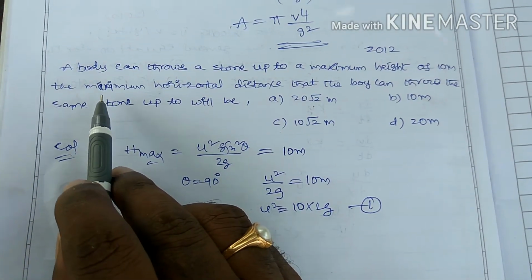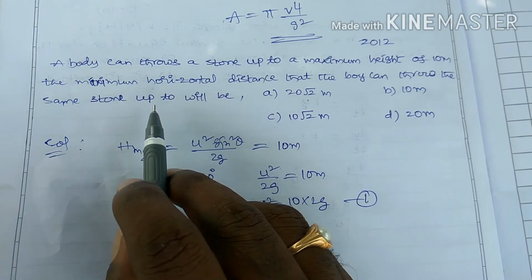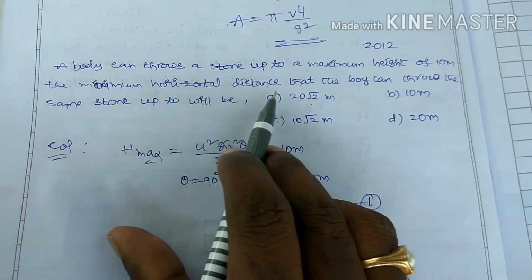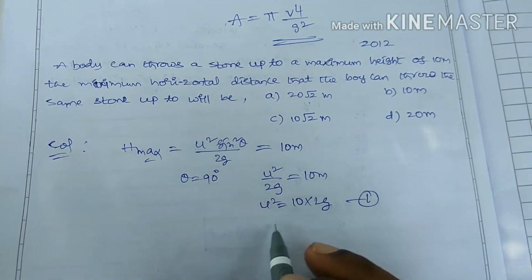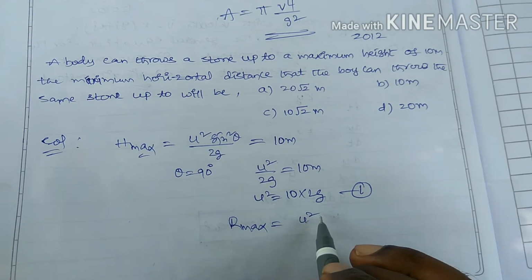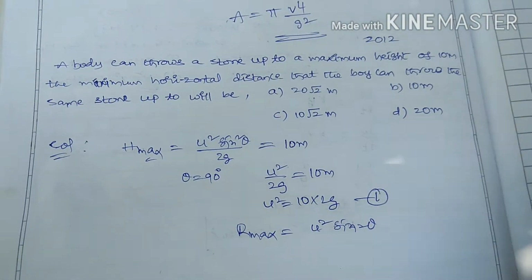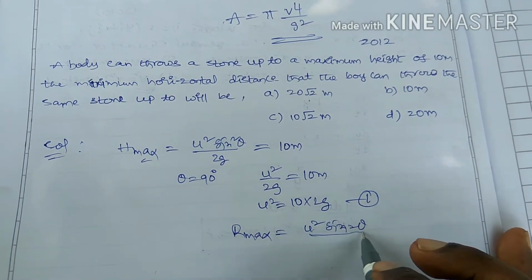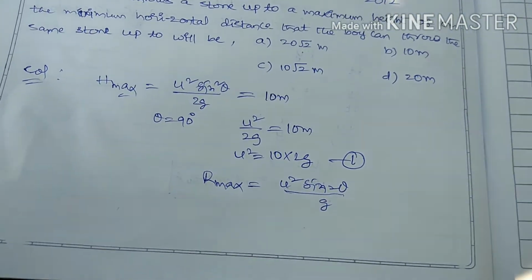So here for the same boy, we have to find the maximum horizontal distance that the boy can throw the same stone, that is nothing but the range. So therefore r maximum can be written as u square sine 2 theta by g. If theta is equal to 45, then only r will be maximum.